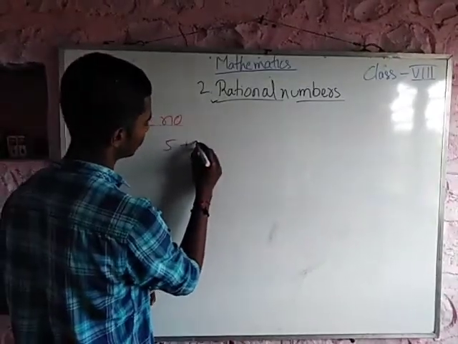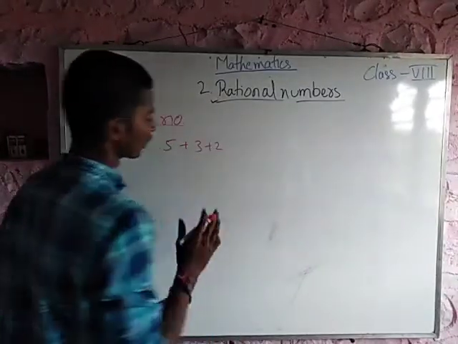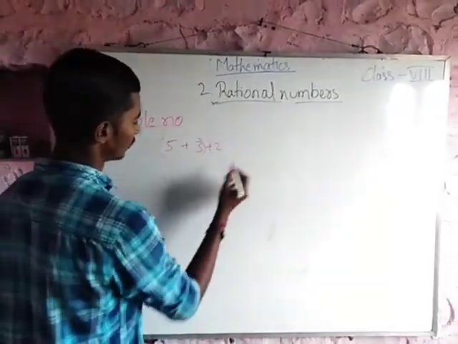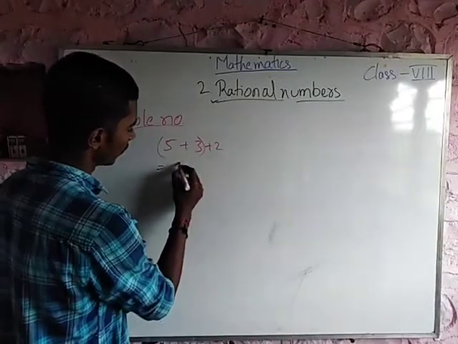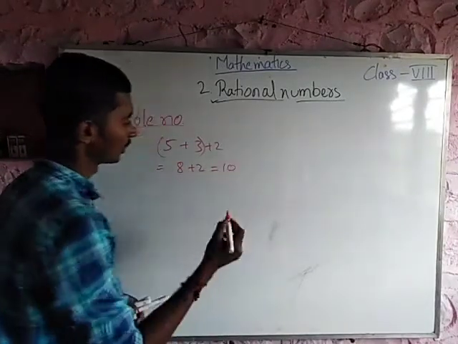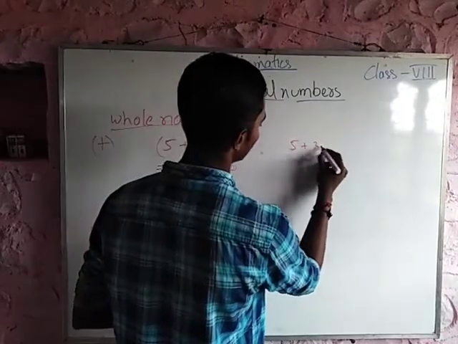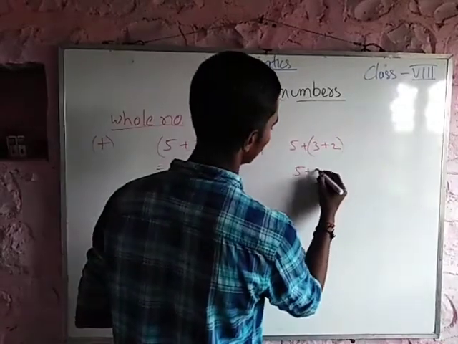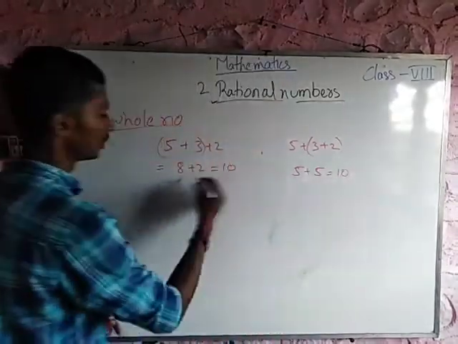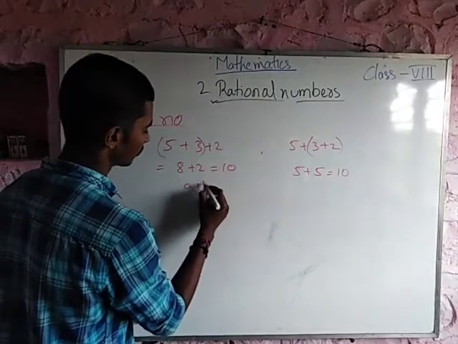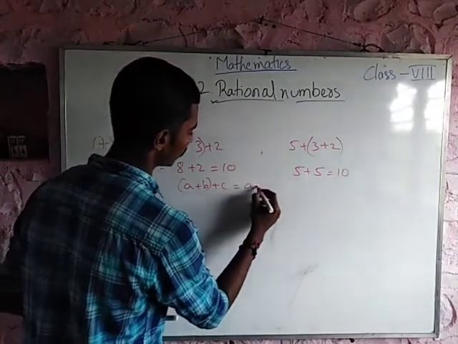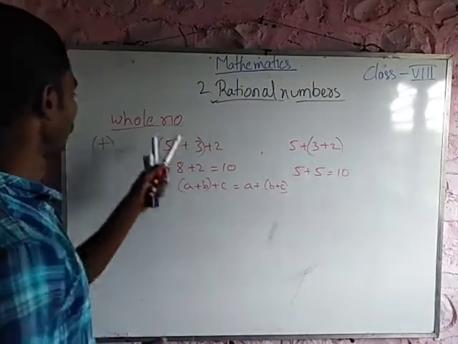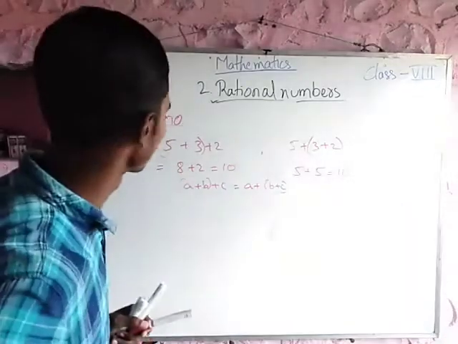Example, 5 plus 3 plus 2. What are the ways in which I can do it? First 5 plus 3 and then 2. This gives me 5 plus 3 is 8, plus 2 will give me 10. The other way, 5 plus 3 plus 2 is 5 plus 5, will give me 10. So see, both are the same. What I can say, A plus B plus C is equal to A plus B plus C. Okay, so whole numbers are associative under addition.